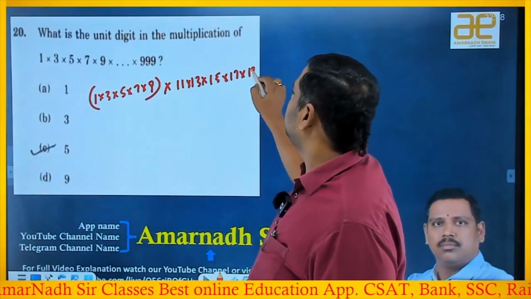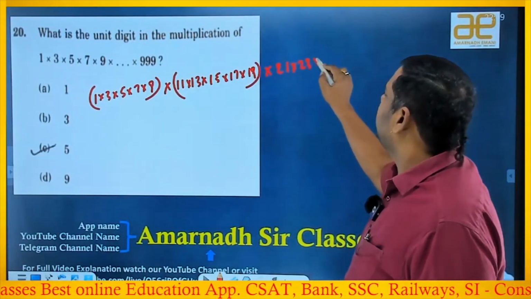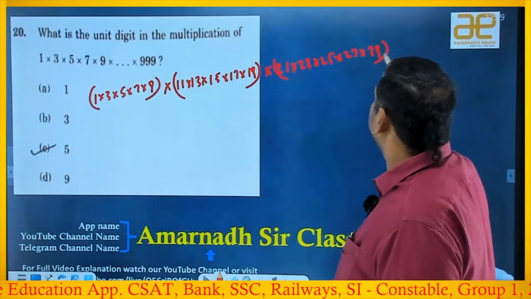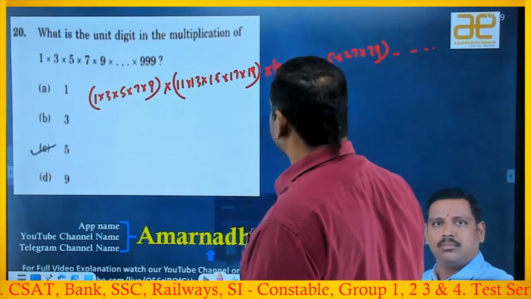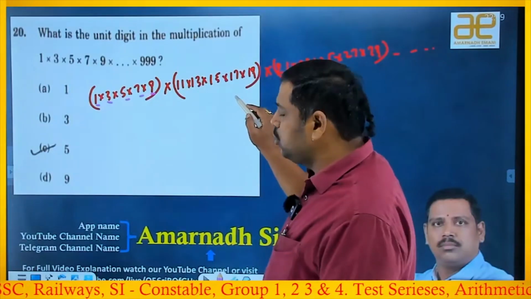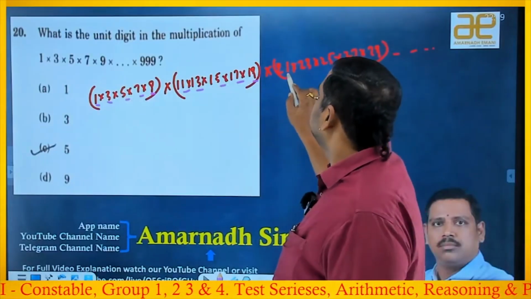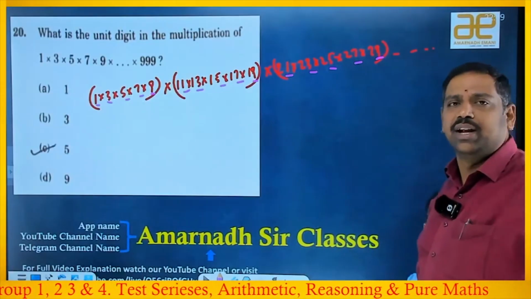Then 21 into 23 into 25 into 27 into 29, and so on. If you want the units place, you can go with only the units digits. Here the units digits are 1, 3, 5, 7, 9. Here also 1, 3, 5, 7, 9. The same will repeat, so you always get the same.